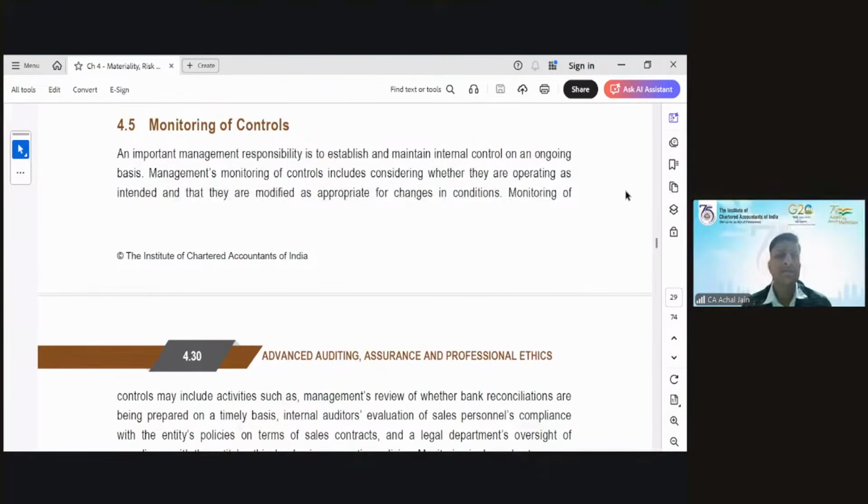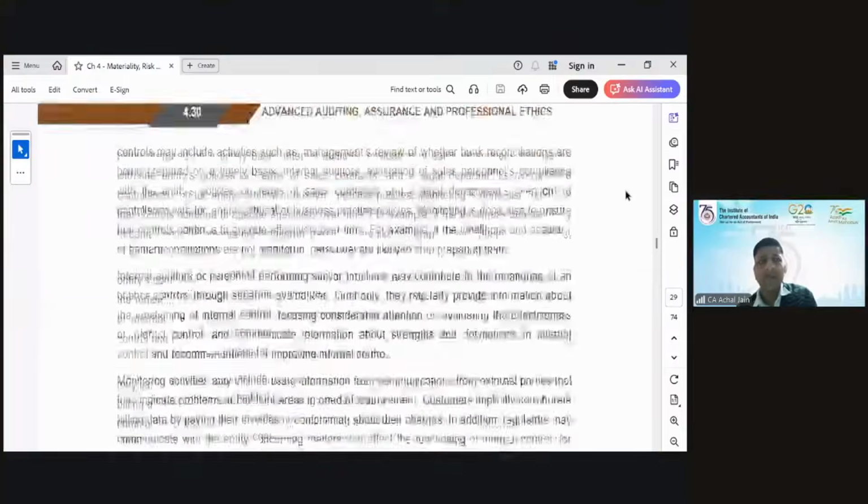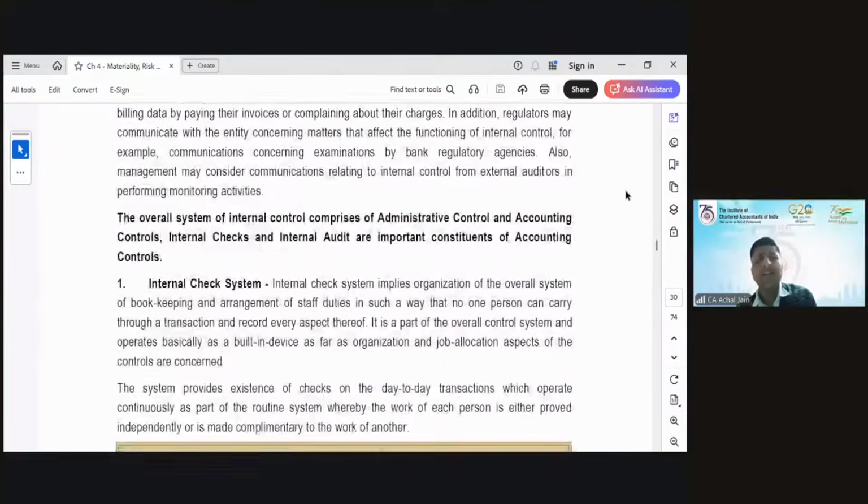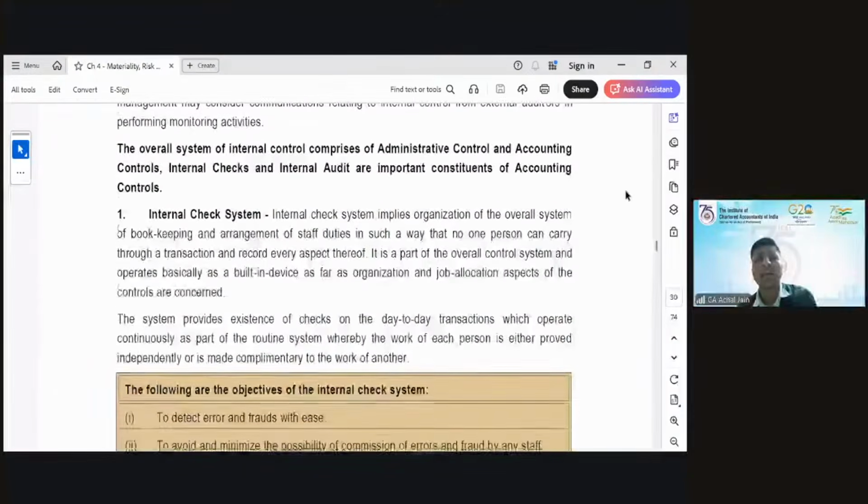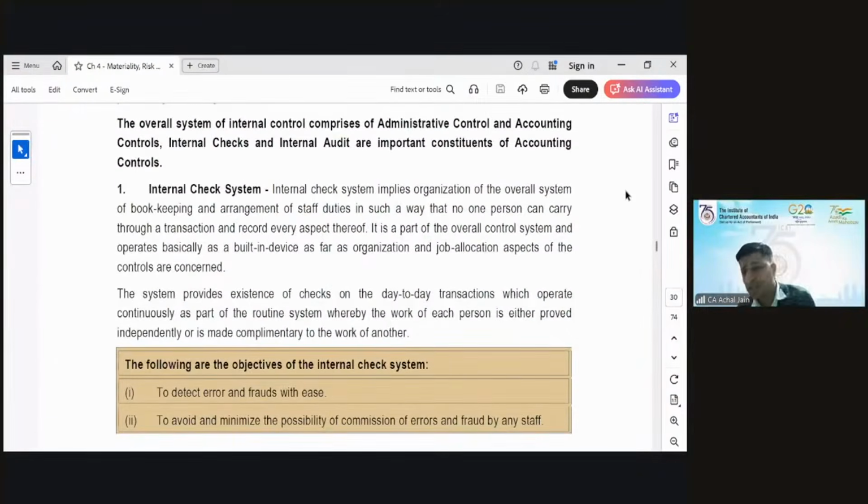Because if that is not done, then you actually miss out on the important things. Or you can say, the risk which you are trying to mitigate is not being taken care of. And which eventually will flow into the financial statements in the form of a misstatement, right? So that's why there has to be a system of monitoring of the internal controls, which is essential to the organization.